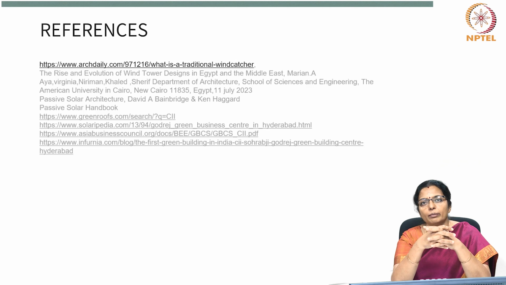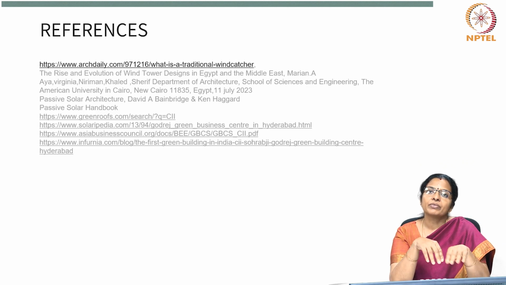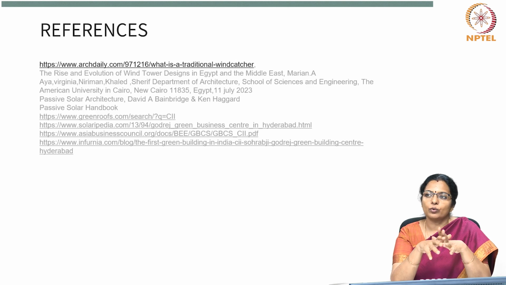So, in the forthcoming class, we will look at how climate is classified across the world and what climate classification we follow in India. We will be looking at the climate classification which is accepted across the world.